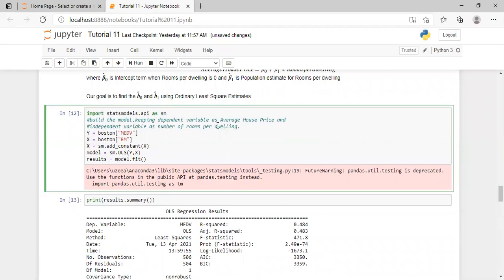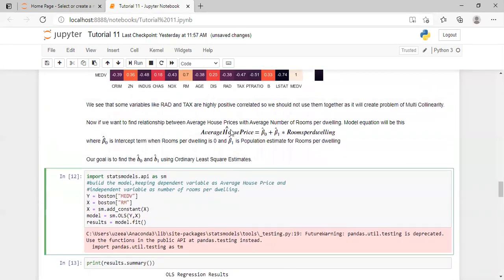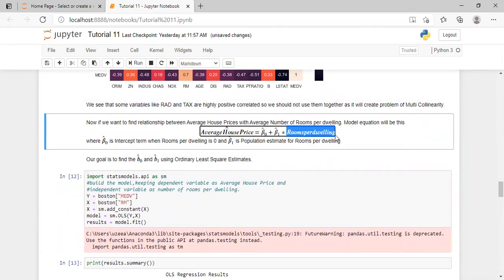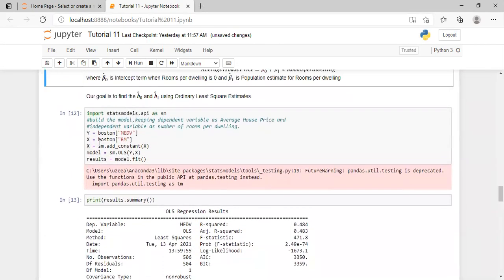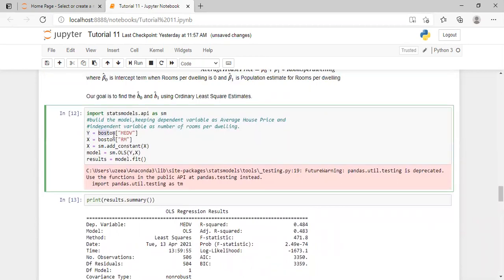I want to keep the dependent variable as average house price, and the independent variable as number of rooms per dwelling. According to this equation, this should be my dependent variable and this should be my independent variable, average rooms per dwelling.